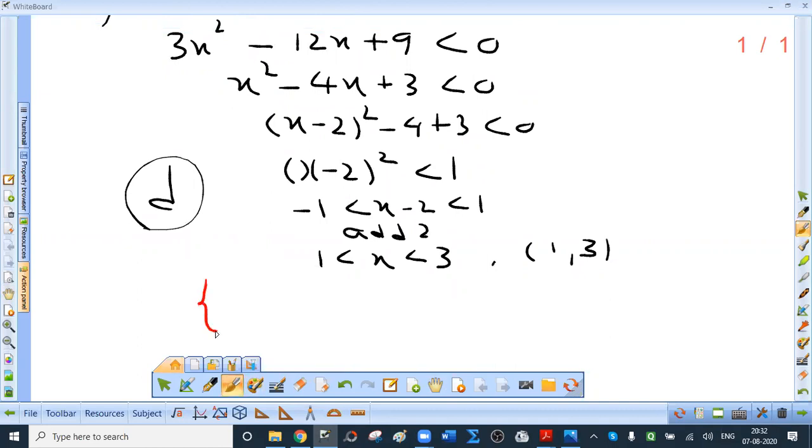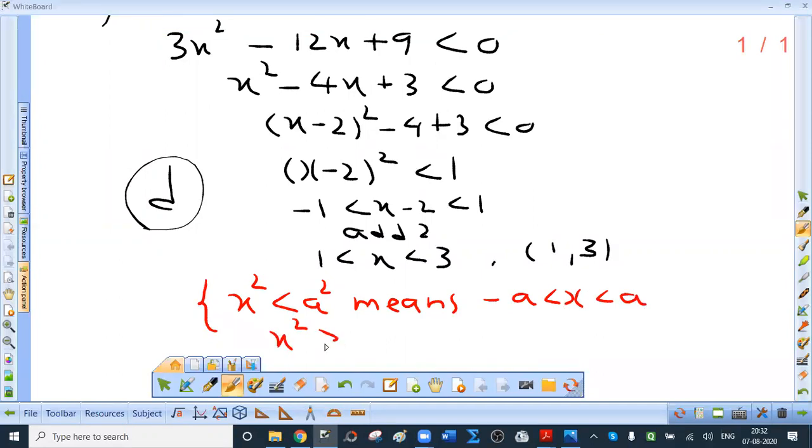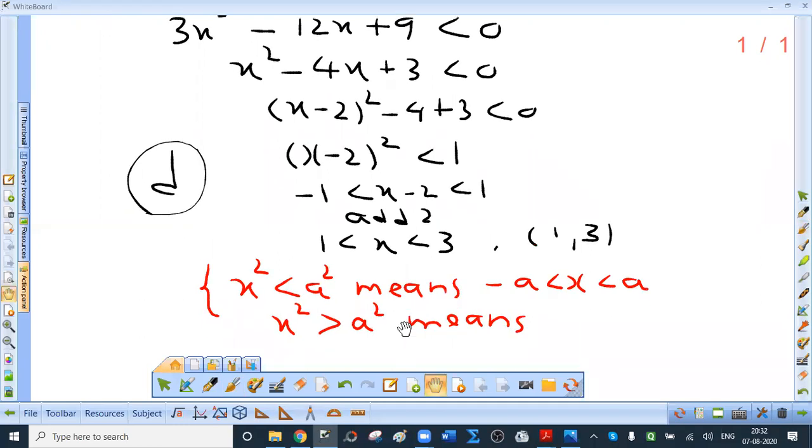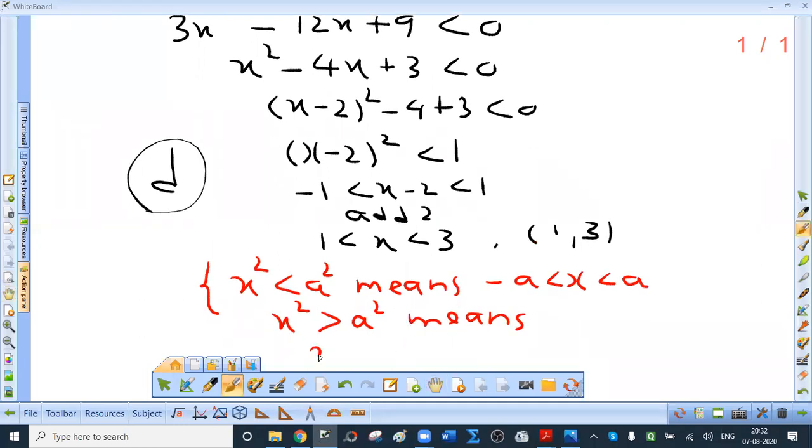This is repetition, but repetition helps. x square less than a square means, write down, minus a less than x less than a. x square greater than a square means x less than minus a or x greater than a.